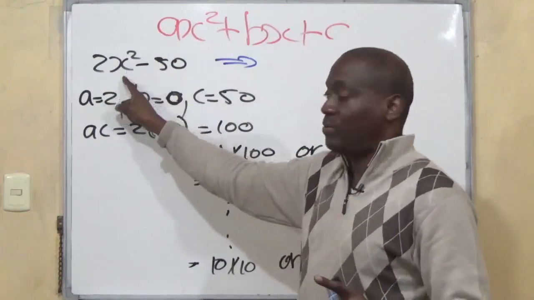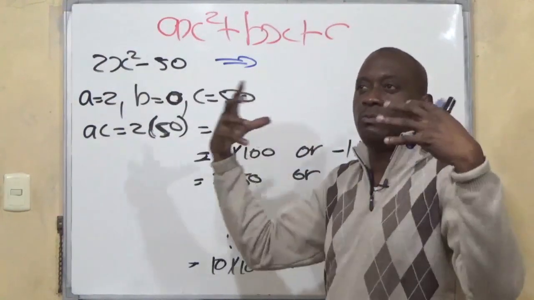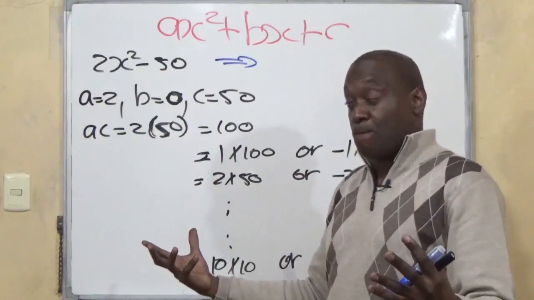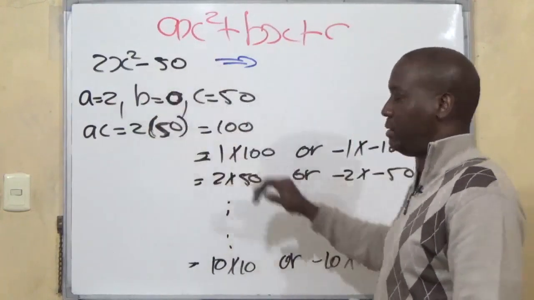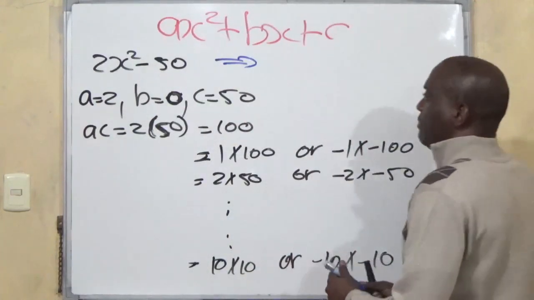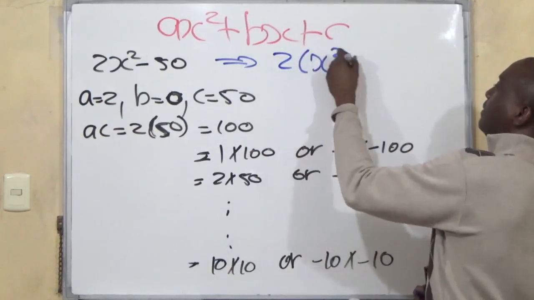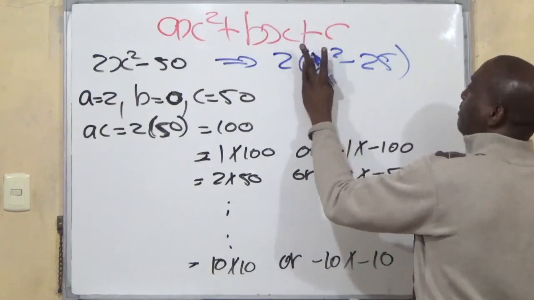So univariate, one variable, binomial, two numericals, so to speak. A univariate binomial, right? So with the regular factorization, you get 2 into x squared minus 25. All right, no problem.